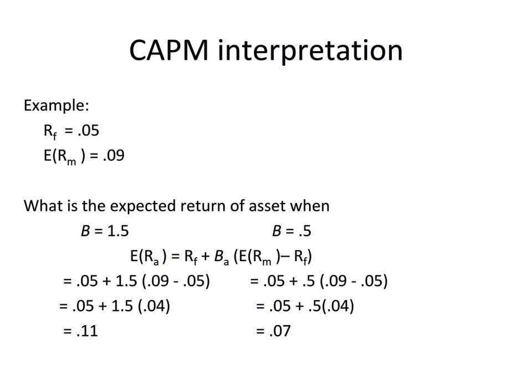The asset with a beta equal to 0.5 has an expected return of 0.07 or 7%. What you see here is lower beta, lower expected returns; higher beta, higher expected returns. Beta is a measure of the contribution of that asset to the riskiness of a portfolio. So beta equals 0.5 means that asset contributes relatively less to that risk, 1.5 relatively more.